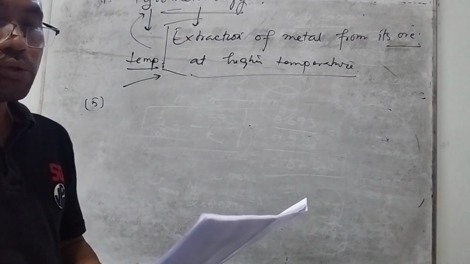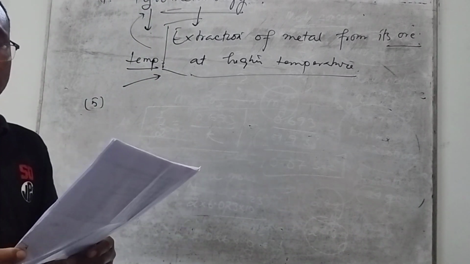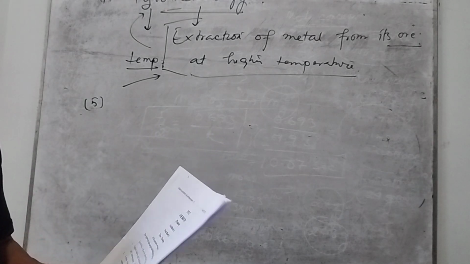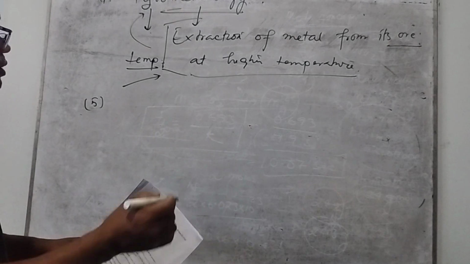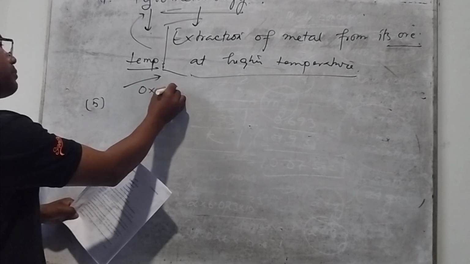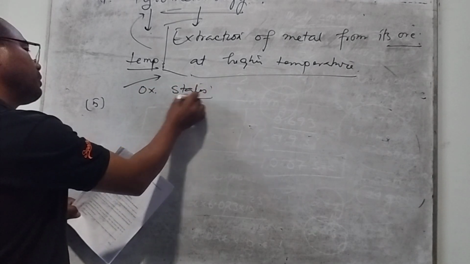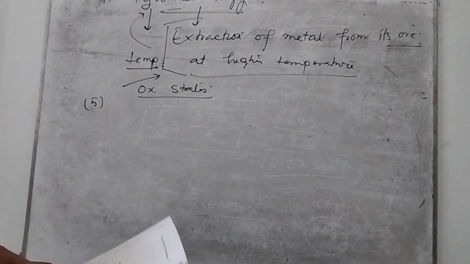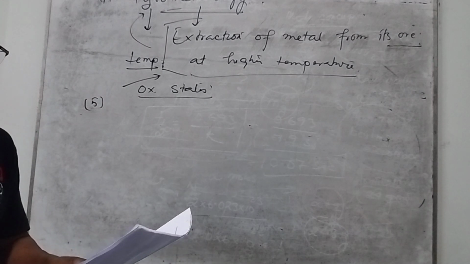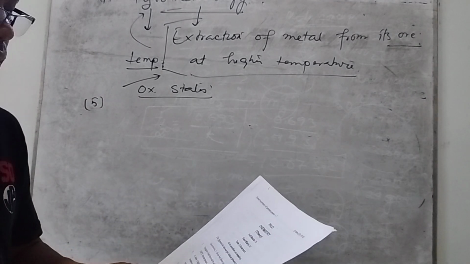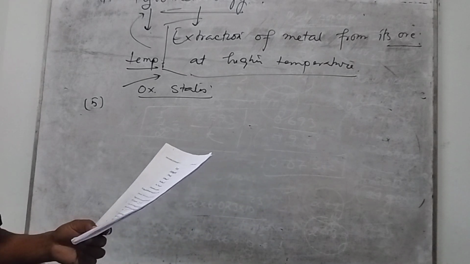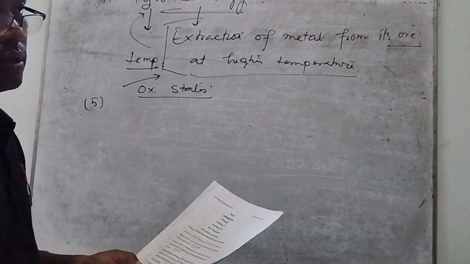Why do actinoids show a larger number of oxidation states as compared to the lanthanoids? So here the question is, why do actinoids show a larger number of oxidation states?